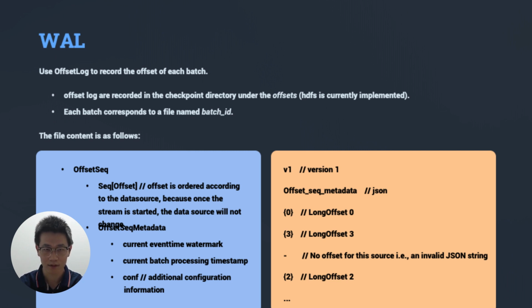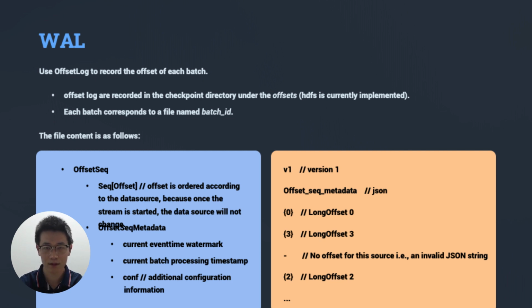Inside the structure, there are two main components: the offset, which corresponds to the data source offset in order, and offset metadata, which includes the original data, current watermark, and the timestamp of the current VP processing. There's also some configuration information attached.